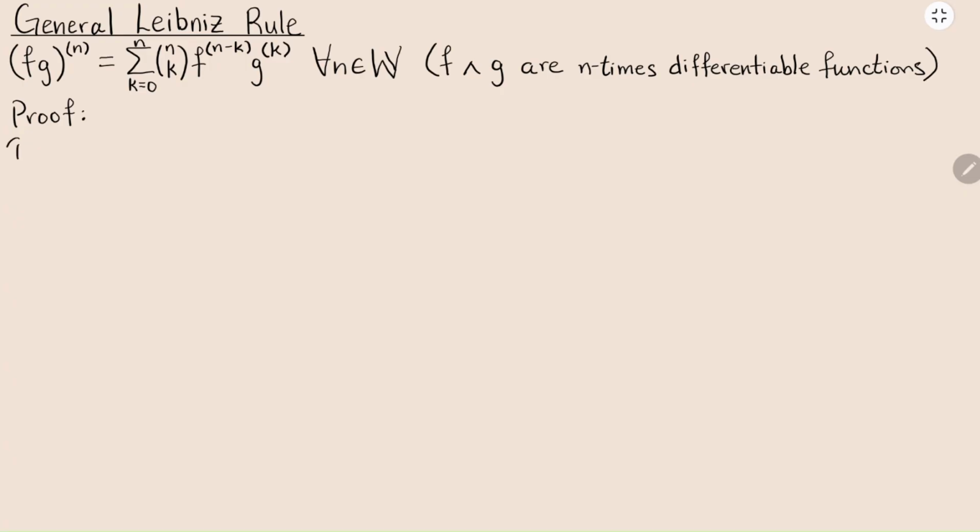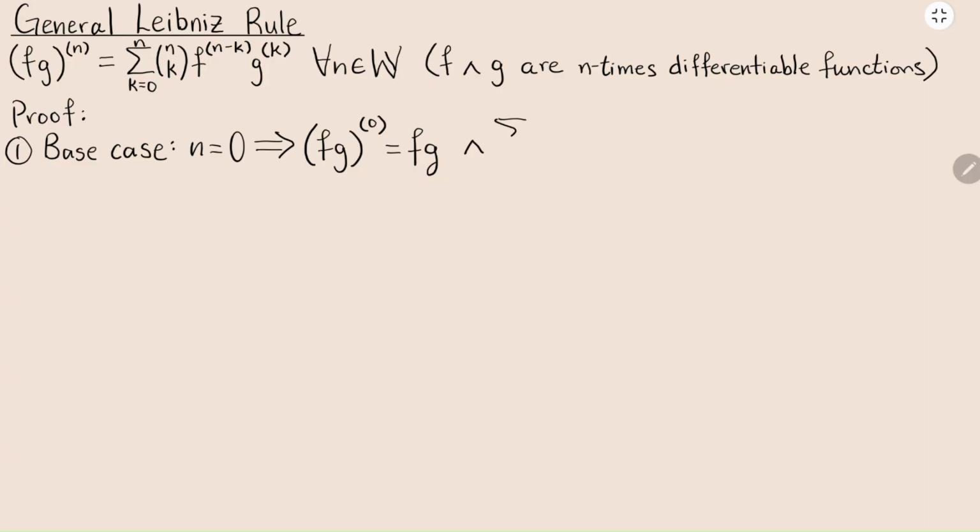We're using induction, so we need the base case. Here, n is equal to 0 for the base case. And this implies that we have the 0th derivative of fg, which is just itself, f times g. And when we look at the sum from k equals 0 to 0 of 0 choose k, the (0 minus k)th derivative of f, the kth derivative of g.